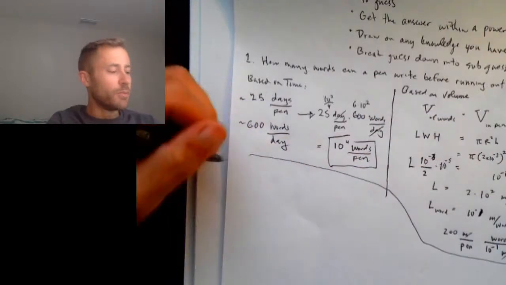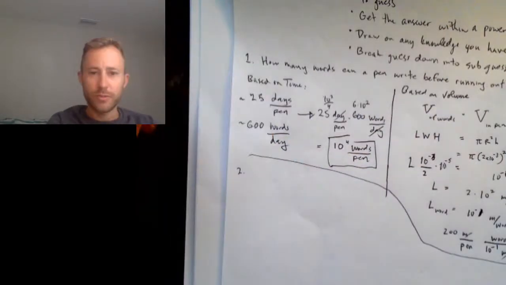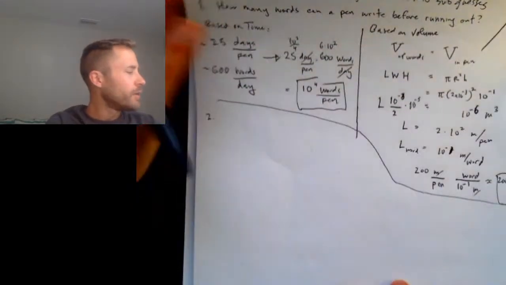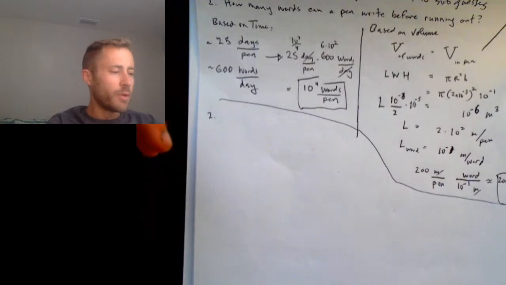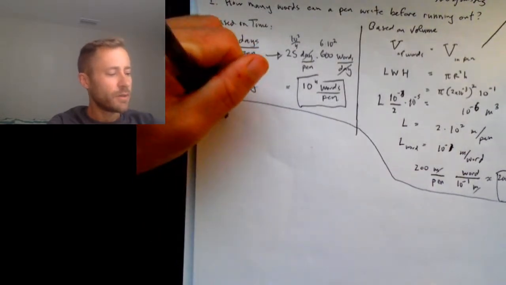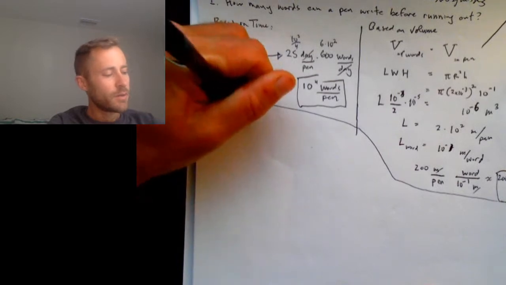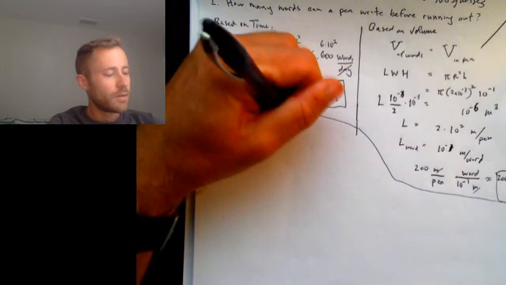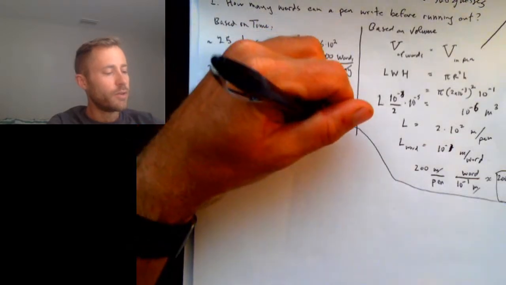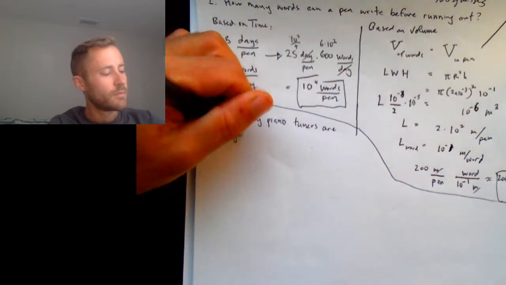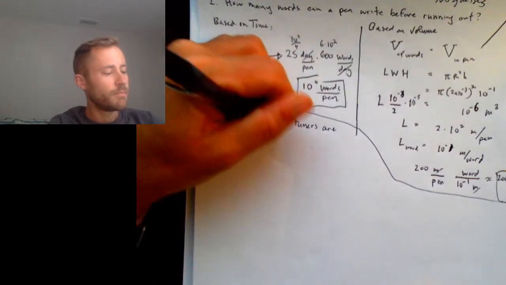Here is the most famous Fermi question. All right. The most famous Fermi question is, how many piano tuners are employed in New York City?